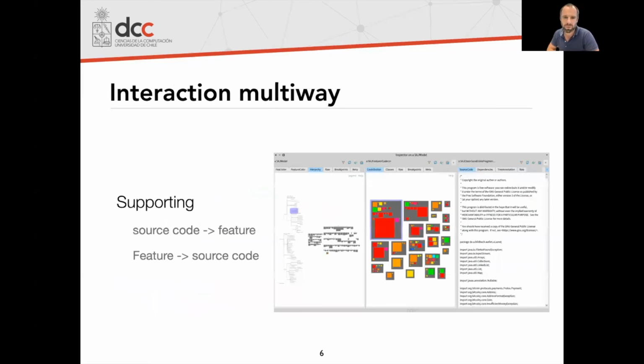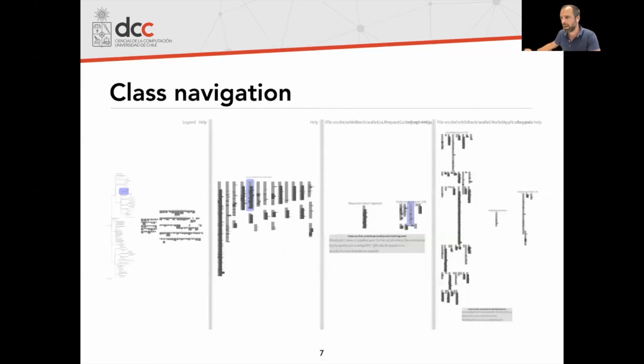There are multiple ways to interact with the visualization. In particular, you can always jump from the source code to the feature and from the feature to the source code. There are multiple ways to navigate through the import links. When I click here on the feature, I see all the classes that are contributed by the feature. I can select a class, and then I see all the outgoing dependencies, meaning all the classes that are imported by the one I just selected.